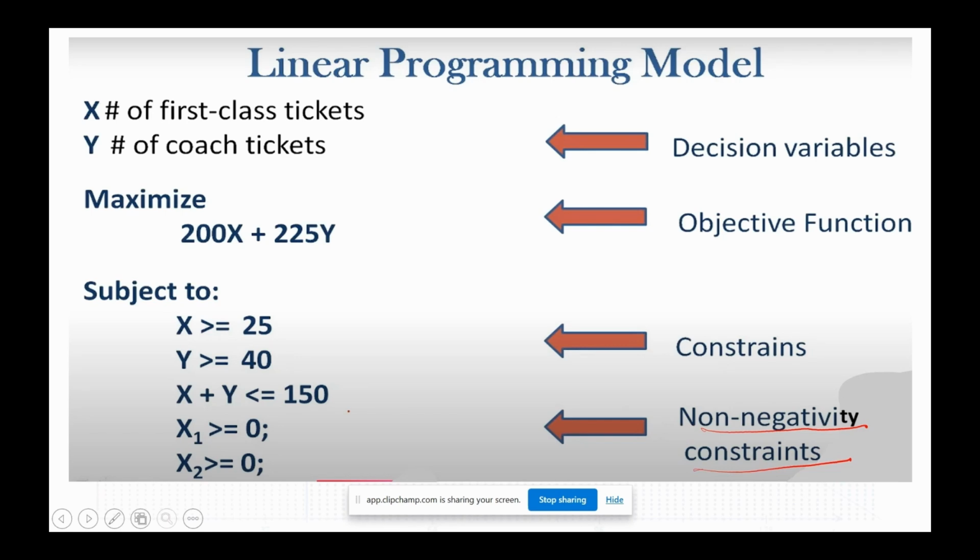And then the other constraints: x is greater than or equal to 25 and y is greater than or equal to 40. This is the minimum you have to sell, and x plus y is the total capacity constraint. All these constraints are written here, and this linear programming model is subject to all these constraints.